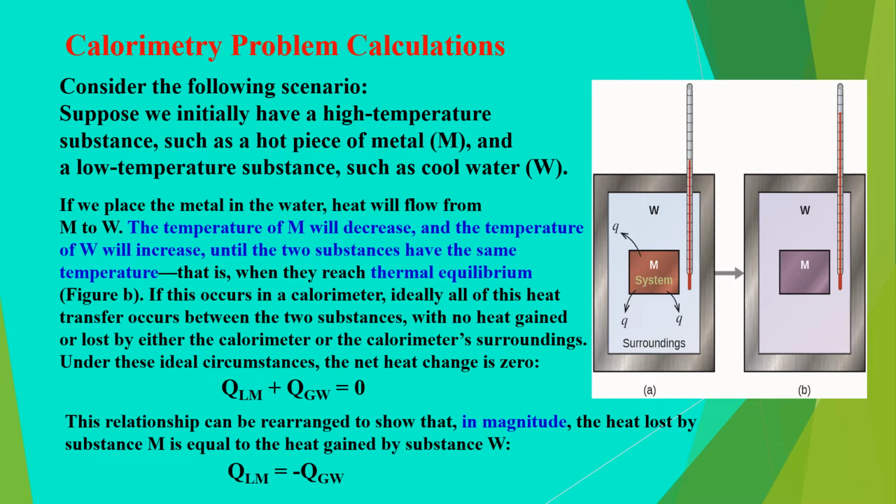This relationship can be rearranged to show that in magnitude, the heat lost by the substance M is equal to the heat gained by substance W. Or in equation form, the heat lost by the metal equals the negative of the heat gained by water.